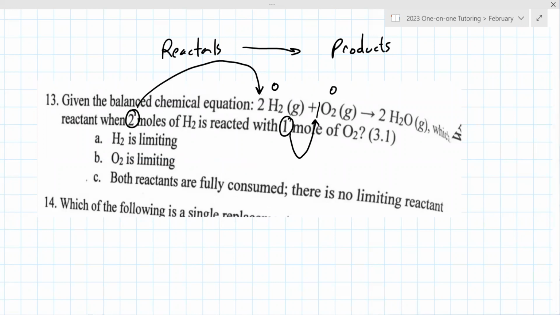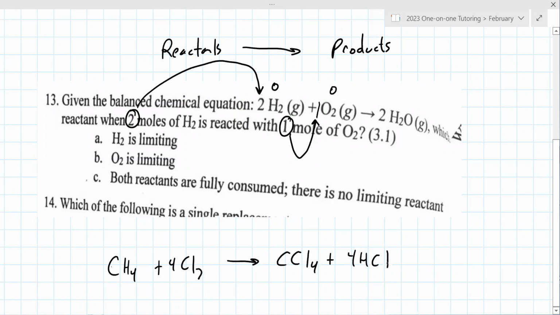Let me just find another balanced equation to use as an example. So let's just say CH4 plus 4Cl2 produces CCl4 plus 4HCl. Do you see how the CH4 has 1 mole, and the Cl2 is 4 moles?